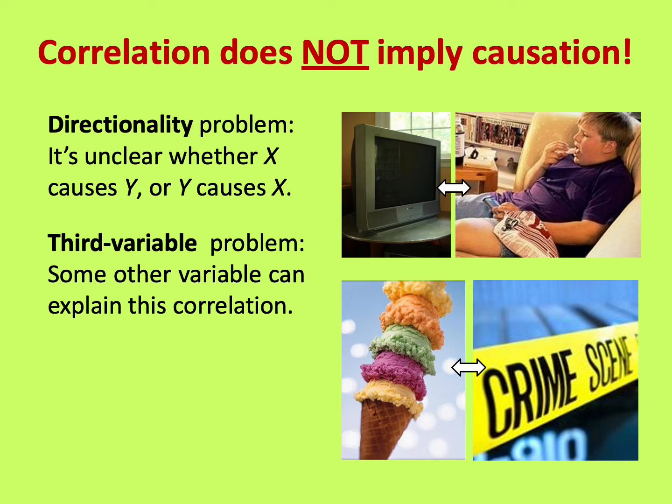So one explanation is that eating ice cream increases one's propensity for homicidal rage, right? And another explanation could be that engaging in homicidal behavior gives people a hankering for ice cream and other sugary treats, right? But both of those explanations seem kind of ridiculous, right?